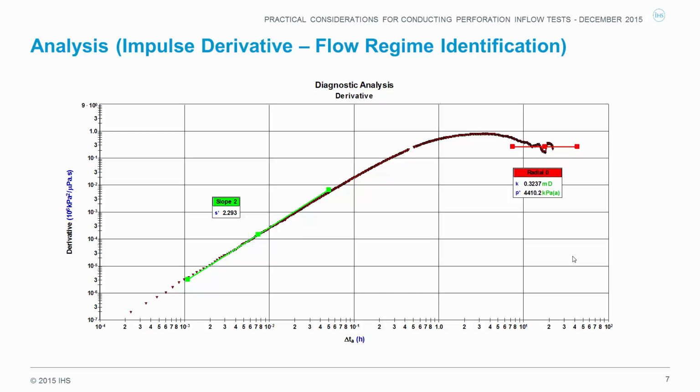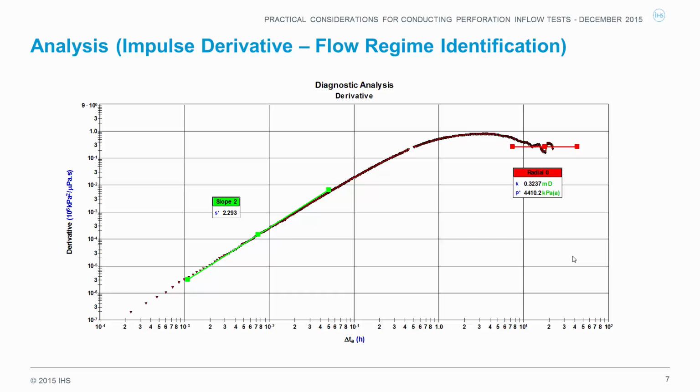So now we get into the analysis. Just like in conventional well testing, a derivative is generated and plotted. This is an impulse derivative, and we can use this to identify and diagnose flow regimes. So we can see that early time data falls on a straight line with a slope of +2.